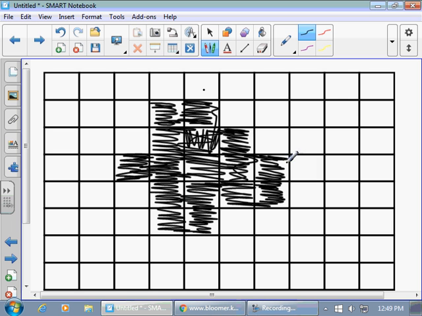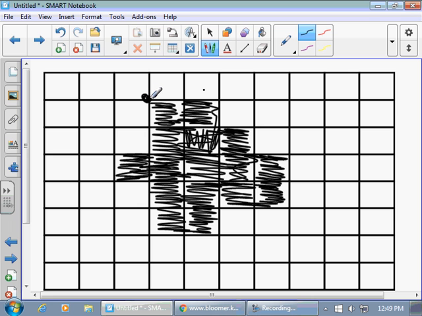What is the perimeter of this object? What is perimeter finding? The measurement around on the outside. So pick a spot to start. It doesn't matter. So we're going to start right here.